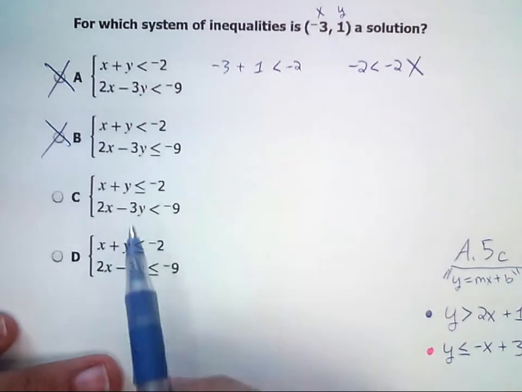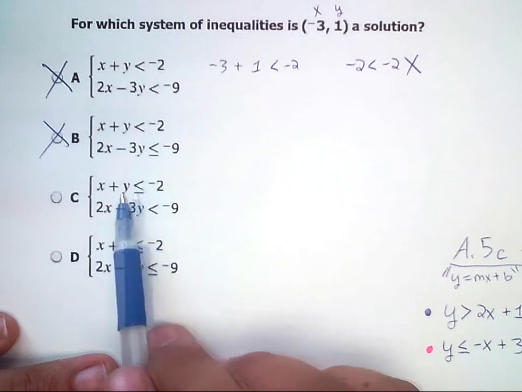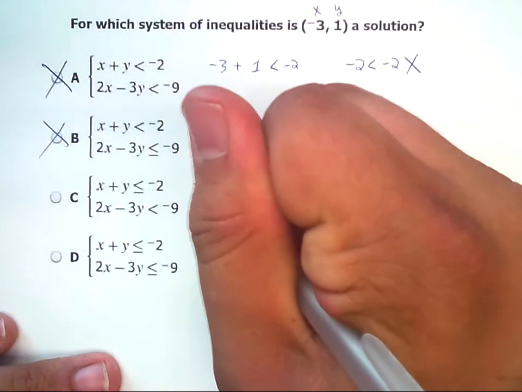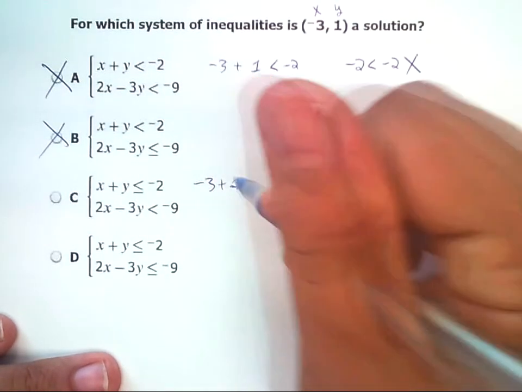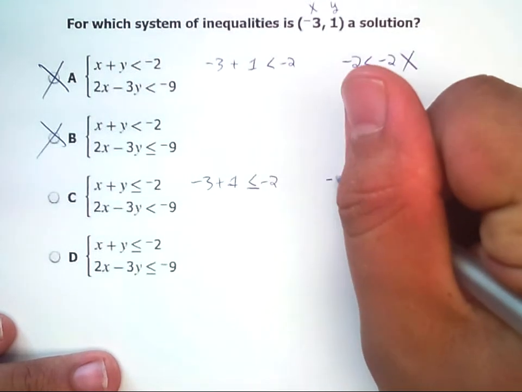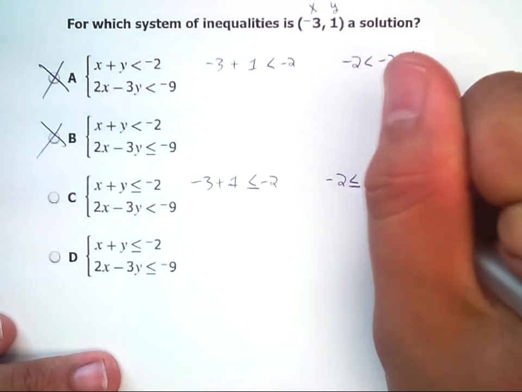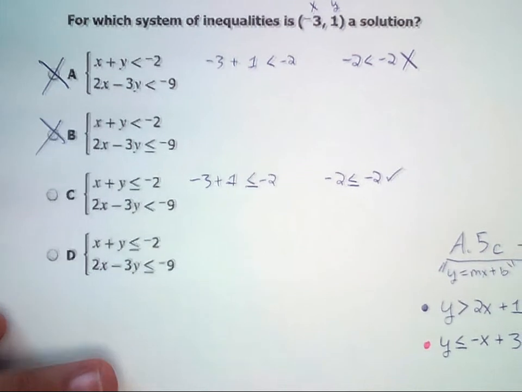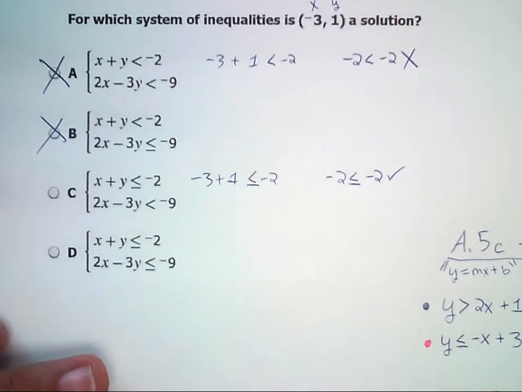All right. If you notice, it looks like the same inequality, but this time they were smart and they put the bar underneath. So this has potential to hold. Let's see. -2 is less than or equal to -2. So it's true for the first inequality. Let's see if it holds for the second one.